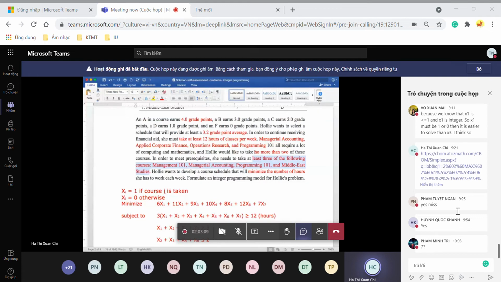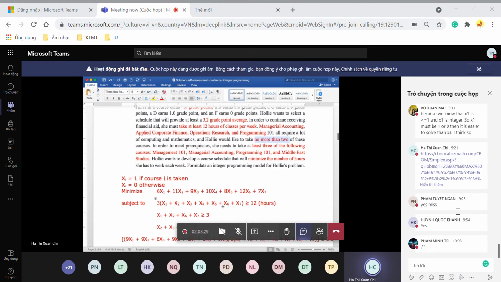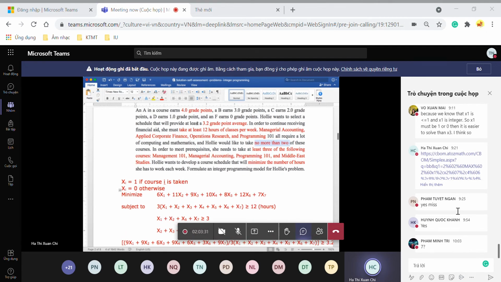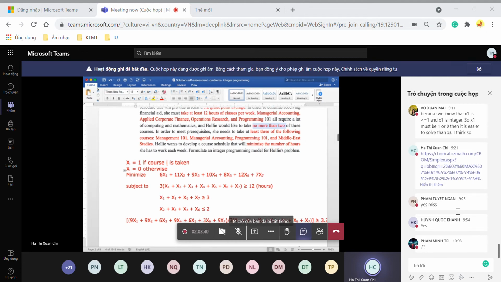And she has 1, 2, 3, 4 courses here, but she must take no more than 2 courses. No more than means less than or equal to 2. These courses correspond with x2, x3, x4, x6. And another, she wants at least 3.2 grade points.